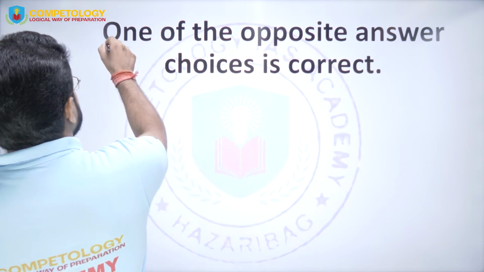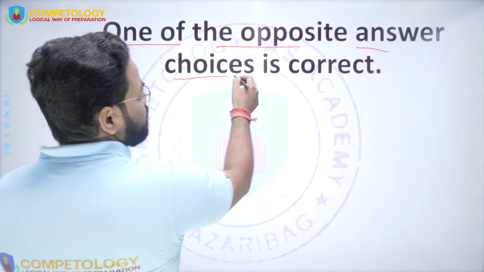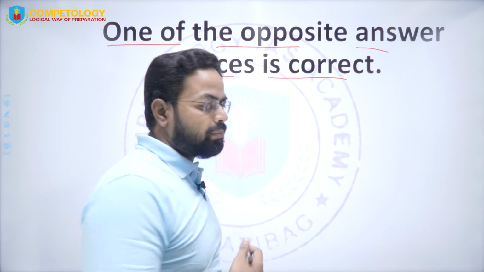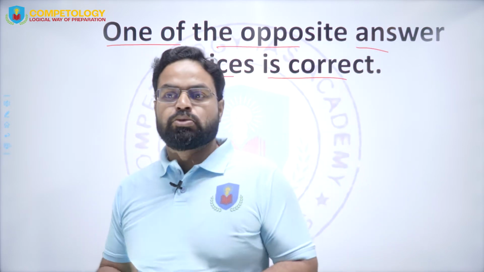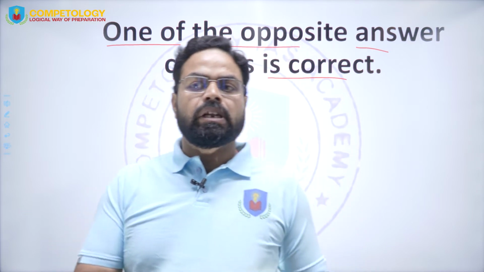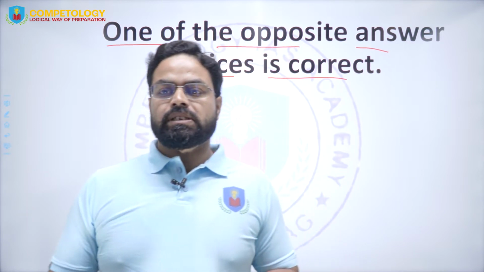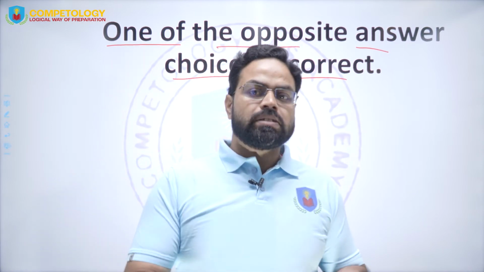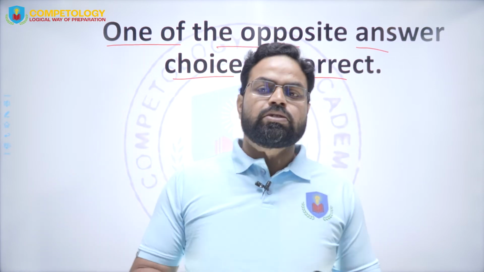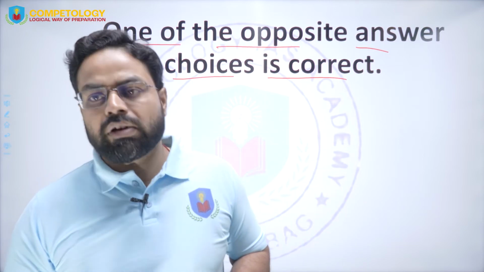Here the first one is: one of the opposite answer choices is correct. In some cases you will find that out of 4 options, 2 of the options are completely 180 degrees apart, completely different, and in that case one of the statements is just to confuse you and one of the statements is the correct answer, and the rest of the 2 are just there to complete the number of options.